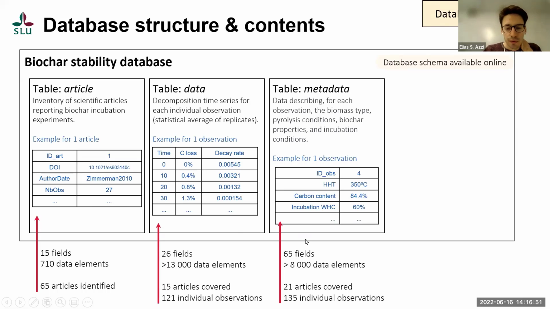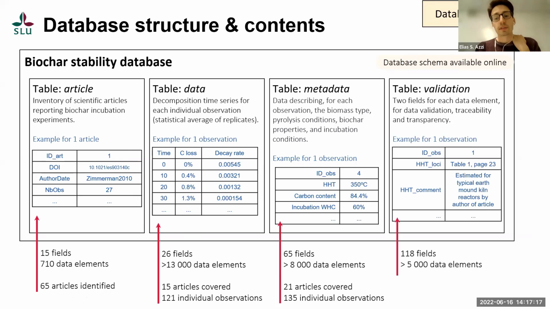I highlighted before that the past models have only been collecting about 3 to 4 metadata fields. Here in this study, we really wanted to be exhaustive, and so we have 65 fields describing the experiments. The full list is available online. I will give you the link a bit later.